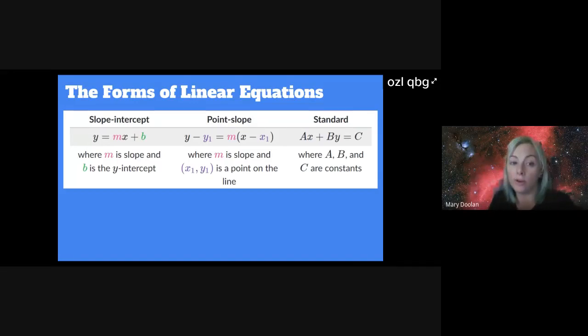So we've gone over each of these types of equations and the quickest way to graph them. But you can always use different methods depending on what you're remembering when you're taking the test or when you're actually faced with having to do this.